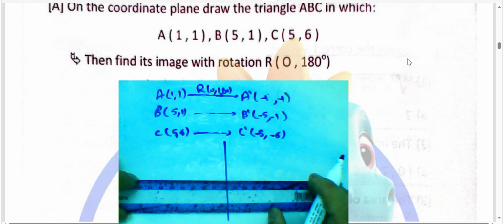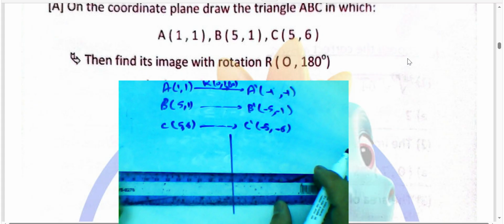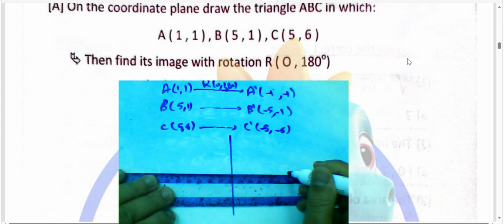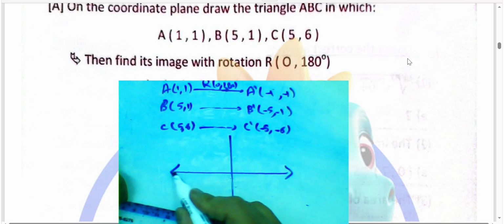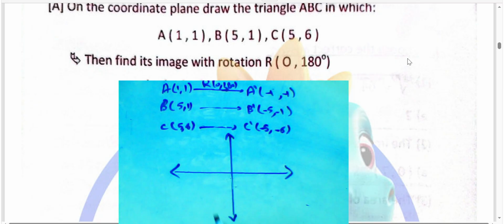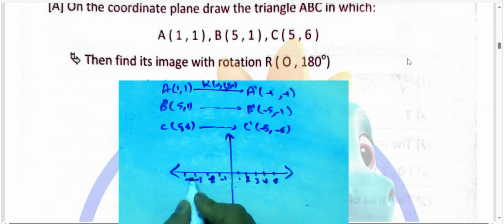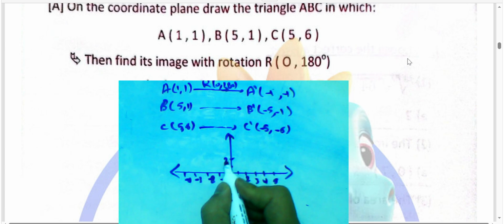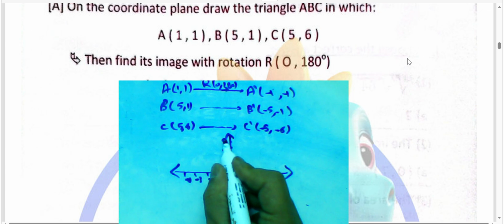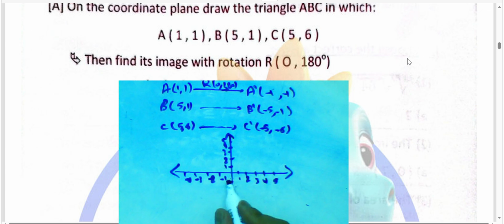Now we will draw the points. We have 1, 2, 3, 4, 5, negative 1, negative 2, negative 3, negative 4, and 1, 2, 3, 4, 5, negative 1, negative 2, negative 3, negative 4.